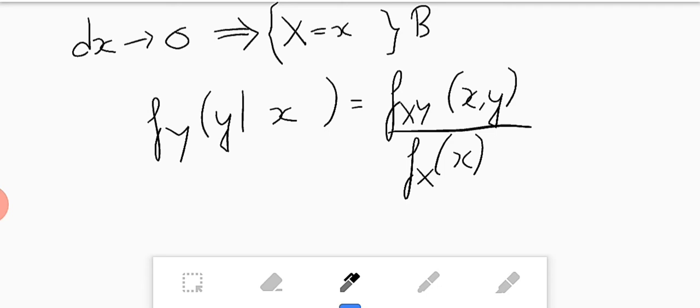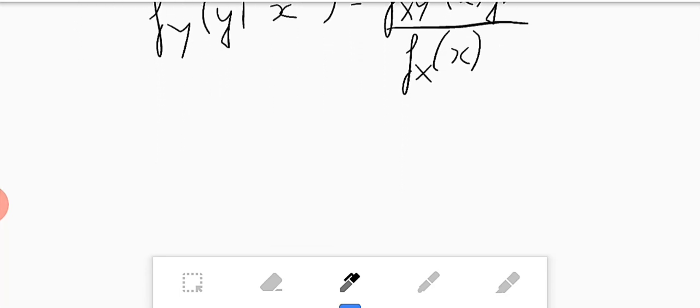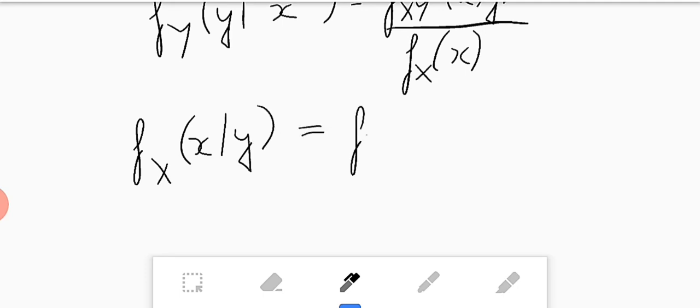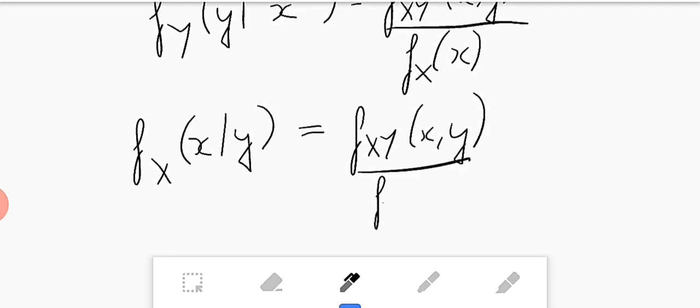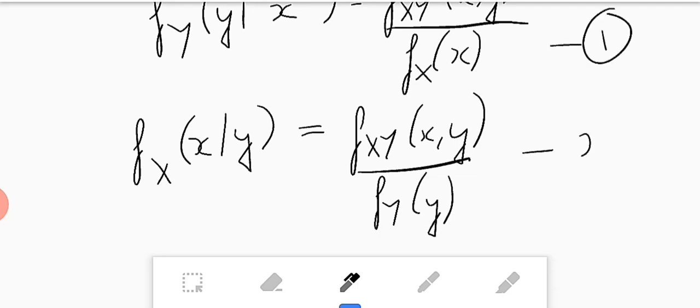Your capital X has converged or is equal to a point small x. Similarly, the other way around, for variable x, you could write fx of x given y as fxy of x comma y divided by fy of y. This is equation 1 and this is equation 2.